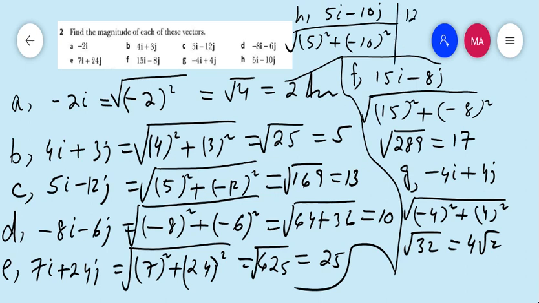So it is the square root of 125, and the square root of 125 can be written as 5 root 5. So these are the answers of question number 2, all parts. Question number 2, you can see, is very easy. Move to question number 3.